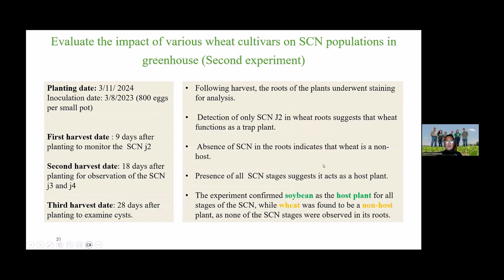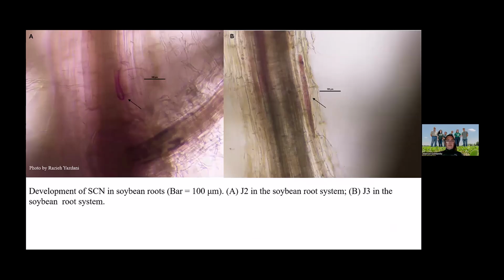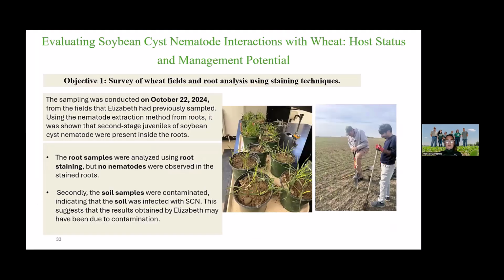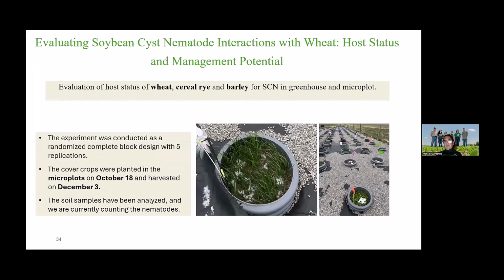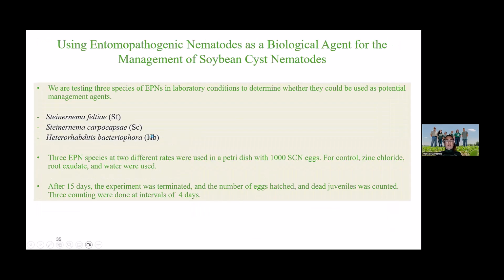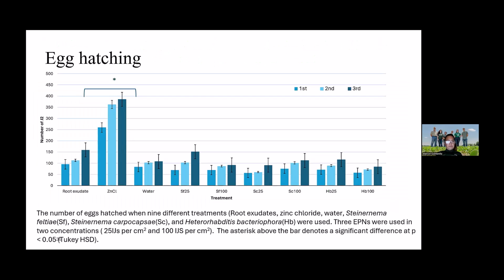Okay. These are just different experiments with wheat in which we also did experiments with entomopathogenic nematodes to control soybean cyst nematode, and it didn't work.